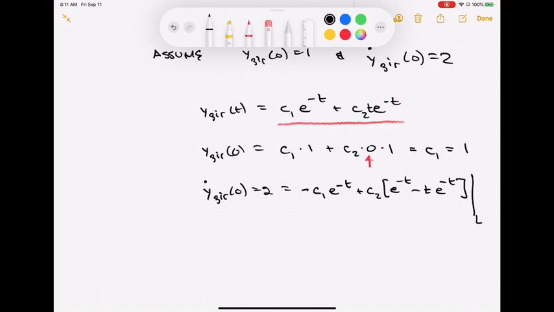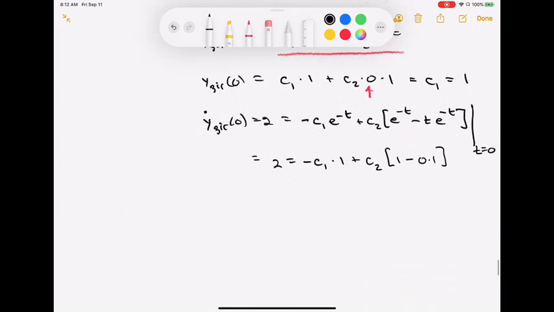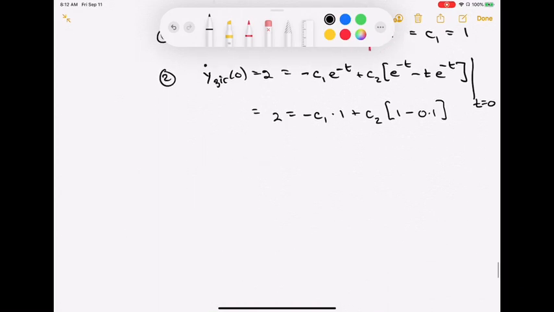And I evaluate at what? T equaling 0. So that tells me 2 equals, and I'm going to have minus c1 times 1 plus c2 times, and I'm going to have 1 minus 0 times 1, something like that. And so if I clean this up a bit, and I take a look at these two equations, call the first one up here 1 and the second one down here 2, I get something like this.